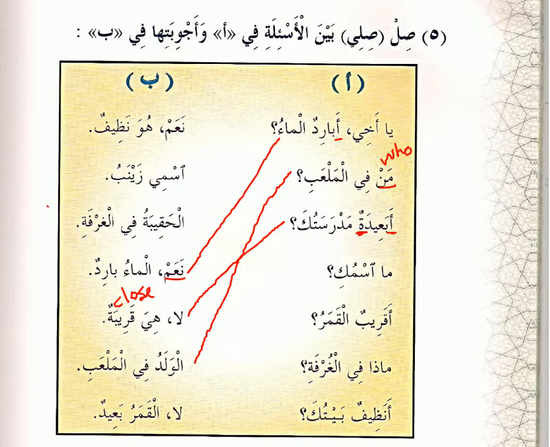Al-qamaru ba'id. Number 7 is talking about the moon. So who said we were asking about the moon? We weren't. We're asking about madrasatuk, your school, not the moon. So don't get confused just because both of them have ba'id or ba'idatun. You're talking about the moon in this one. So B5 is right. Okay.